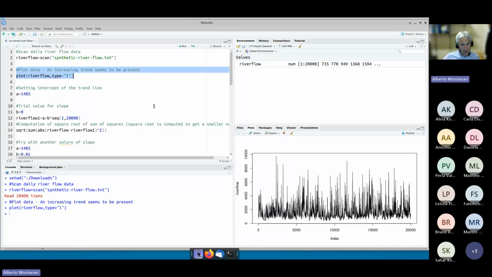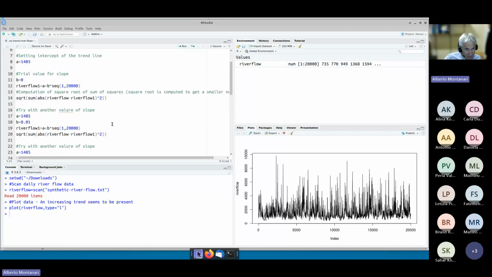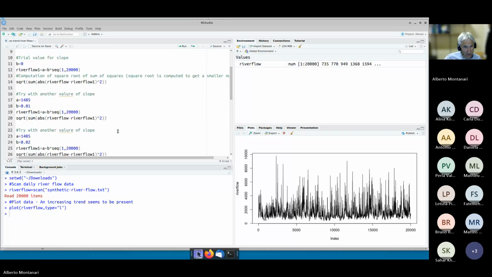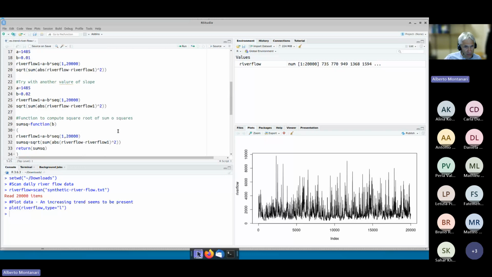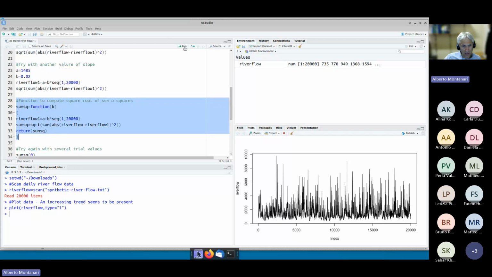And then let me try to optimize with the objective function. You may remember that we did it with the objective function sum of squares. Let me create this function to be optimized. We did it already last time.